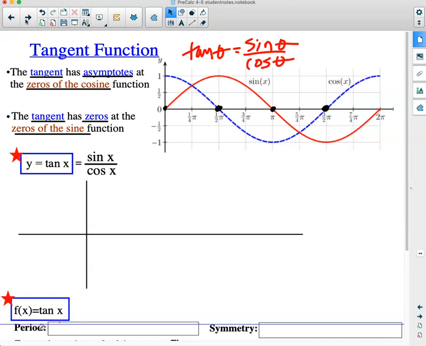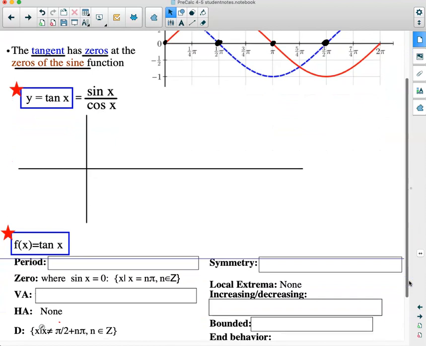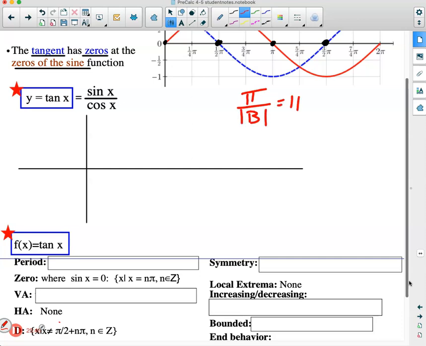So this all comes from the definition of tangent as being sine of x over cosine of x. And now we get a chance to practice that again, where we said, okay, we've got pi, and we have to divide that by b. So in this case, if we're just talking about the parent function, b is a 1.